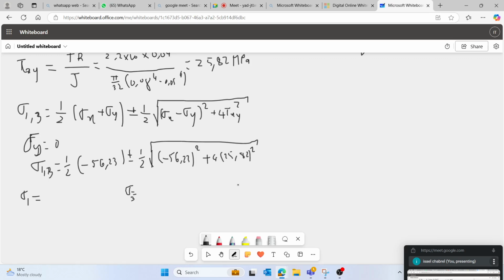For that one, I'm getting 10.06. If they can confirm for rho 1. Are you getting 10.06?